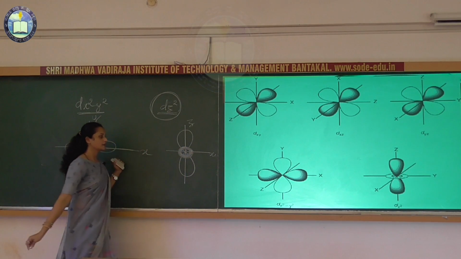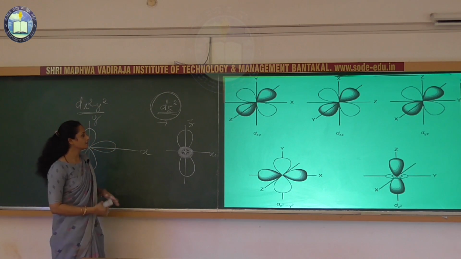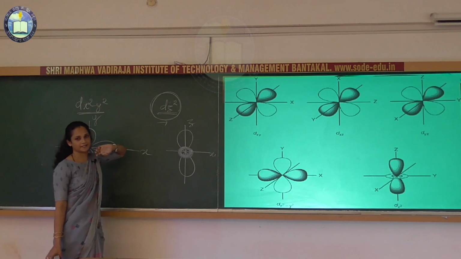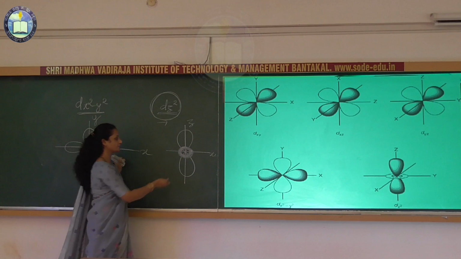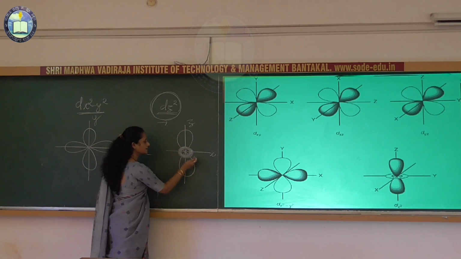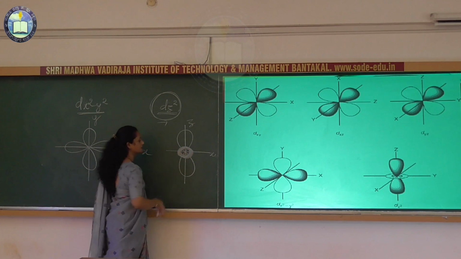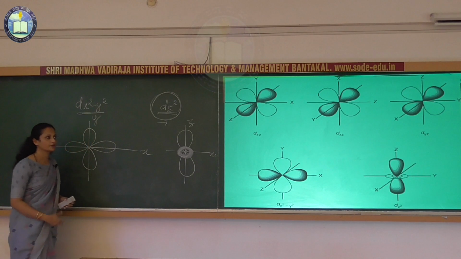So that's why the shape of dz square is also called a donut shaped orbital. First show the two lobes on the z axis, then draw a circle or donut shape at the center. So this is the shape of dz square.